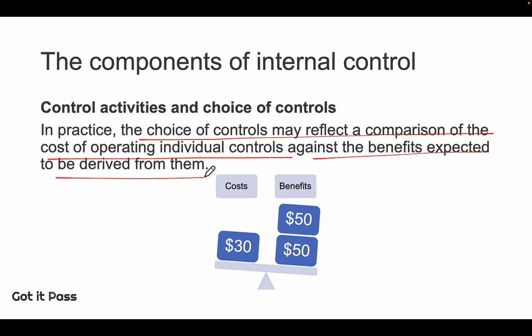If I spend $30 on internal control activities, what are the benefits? If it is, say, $30 cost with $100 benefits, then for me it's the right choice to have the control procedures, because the benefits cover the costs incurred on the control.